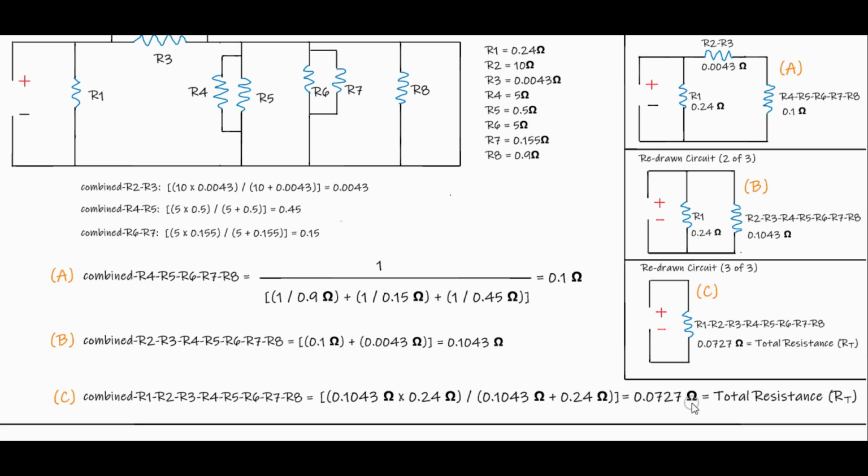So that's the golden magic value for doing a lot of accurate analysis in DC circuits, is to find the total combined resistance of all resistors in both parallel and series, 0.0727 ohms.